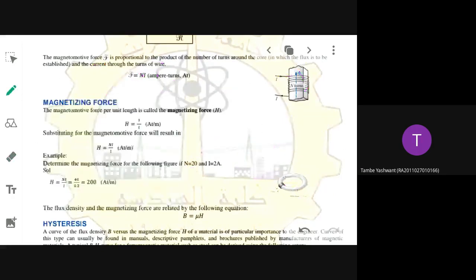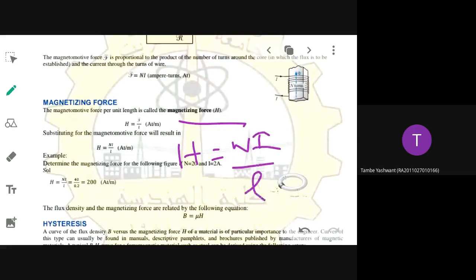Then we have discussed MMF, which is given by Ni, and the unit is ampere turn. Then the magnetizing force: H is equal to Ni divided by L, with unit ampere turns per meter.